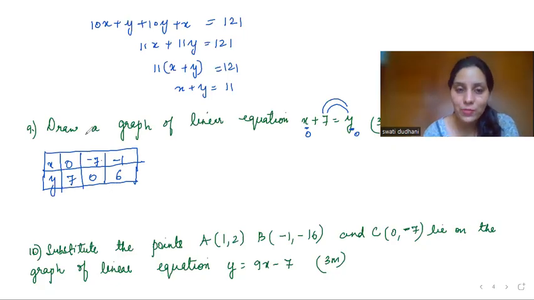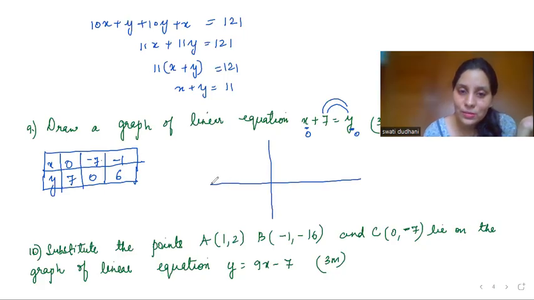I'll just draw a rough graph for you to understand. So this is the x-axis and this is the y-axis. So the first point is (0, 7). (0, 7) will be on the y-axis. So this is our point 7. Next is (minus 7, 0).